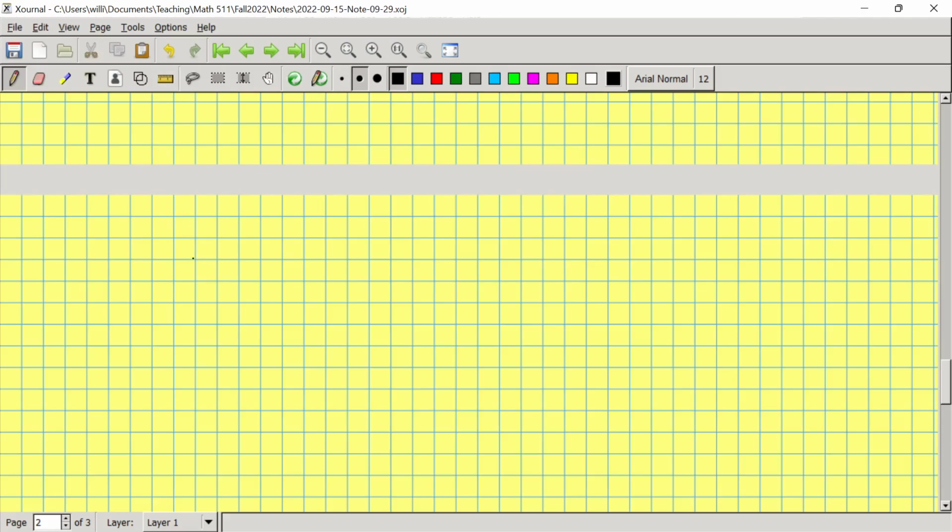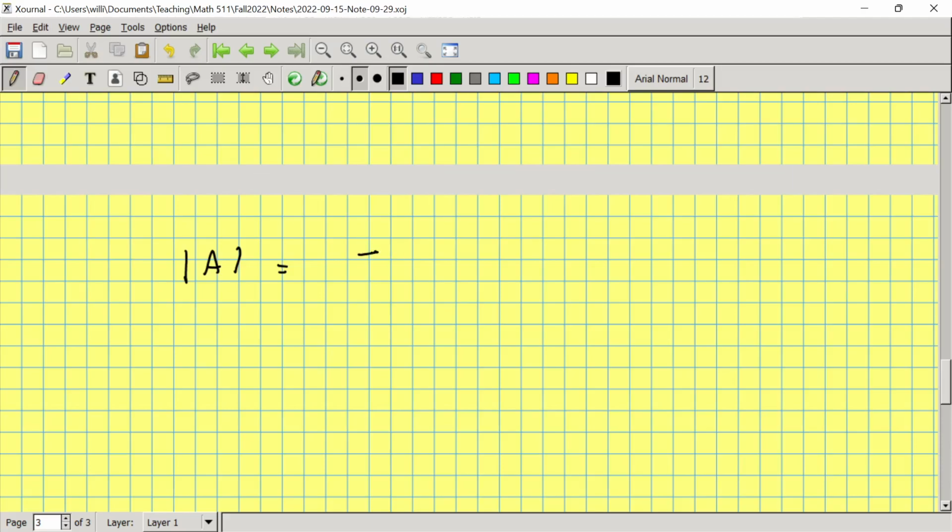Where are we now? The Laplace expansion. The determinant of A is you pick a row or a column. It doesn't matter what row or column you pick, and that's the weird part about the Laplace expansion. You get the exact same answer no matter what column or row you pick.